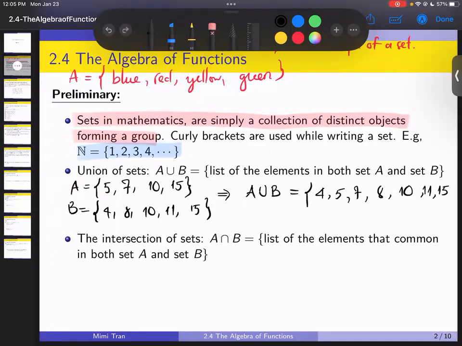We don't have to write 10, 15 twice. So you understand union now, right? Union is the list of both sets together, minus the duplicates.